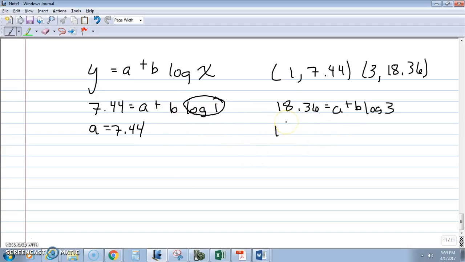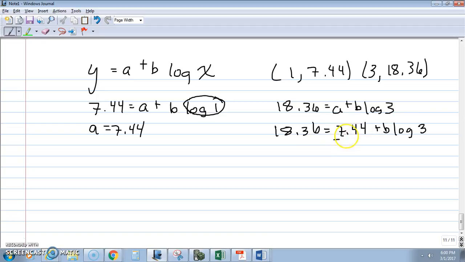So now we have 18.36 equals a plus, oops, but instead of a, I'm going to put 7.44 plus b log 3. Okay, and log 3 is a number also, but it's not one I can easily do in my head. So let's just start taking away from the outside to get b by itself.